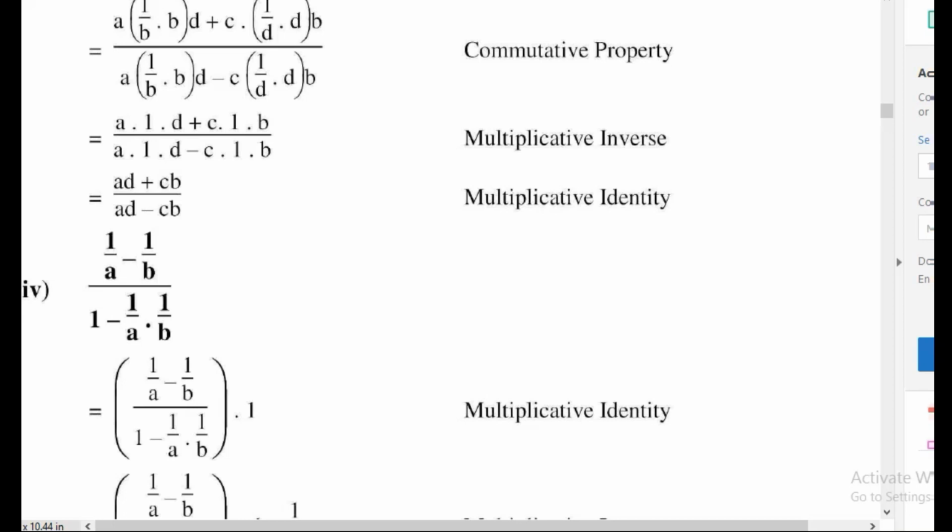Next, part number 4, that is (1/a - 1/b) divided by (1 - 1/a into 1/b).